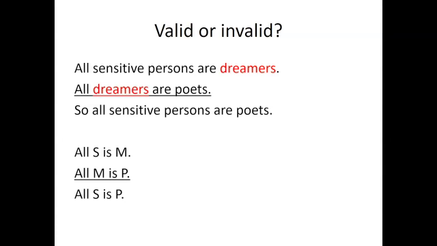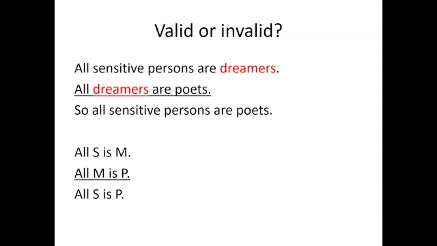So when you test the argument with that rule, the first thing you'll do is ask, is there a negative premise, or is the conclusion negative? If the answer is no, because they're all affirmative, then it passes the rule. If the answer is yes, and there is a negative premise, then you have to check to see if the conclusion is negative. And if the conclusion is negative, then it passes that rule.